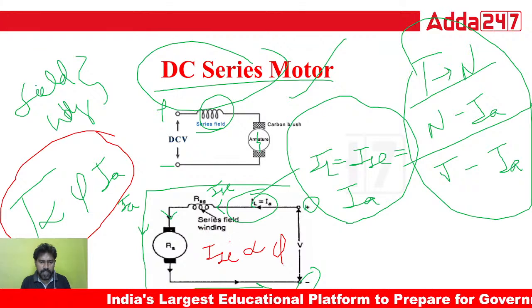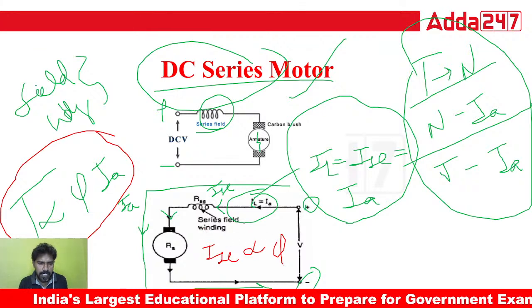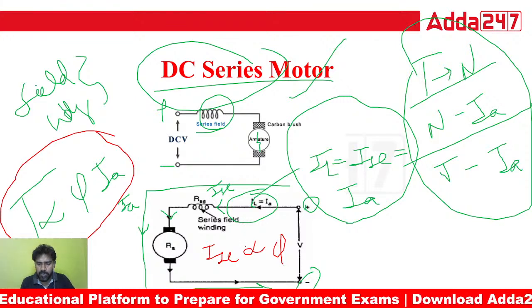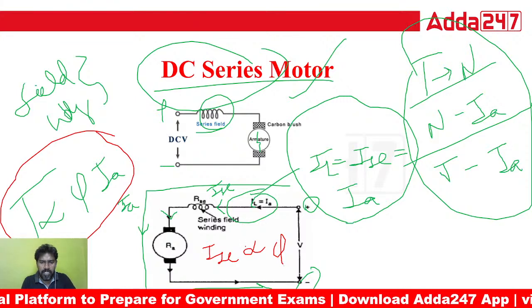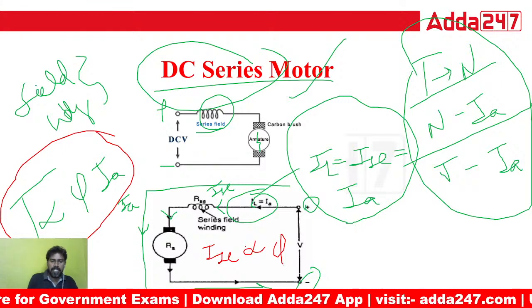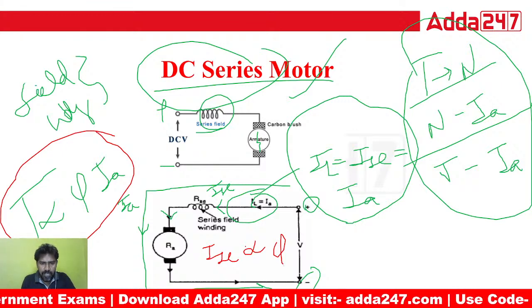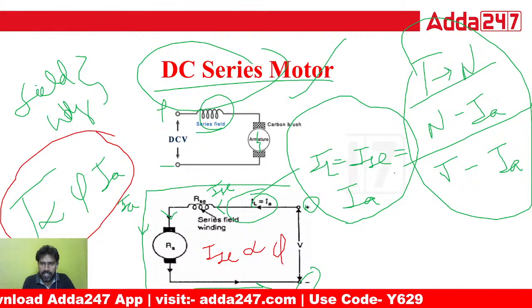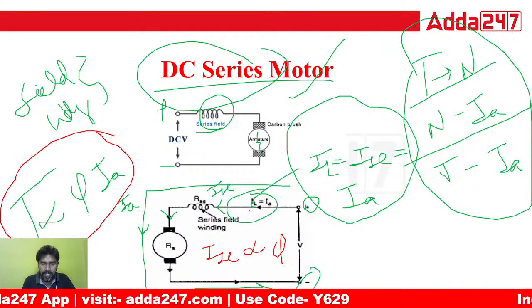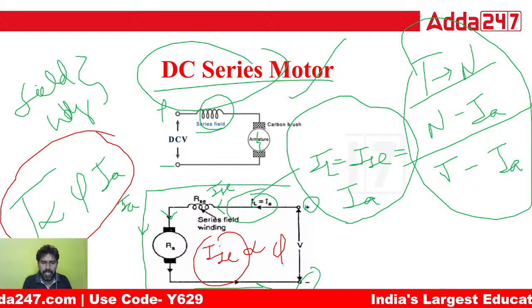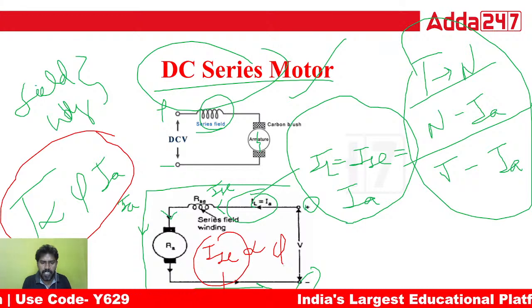When the series field current increases, the flux also increases. Both are directly proportional to each other. Because ISE is equal to Ia is equal to IL, instead of ISE it is possible to substitute Ia also.